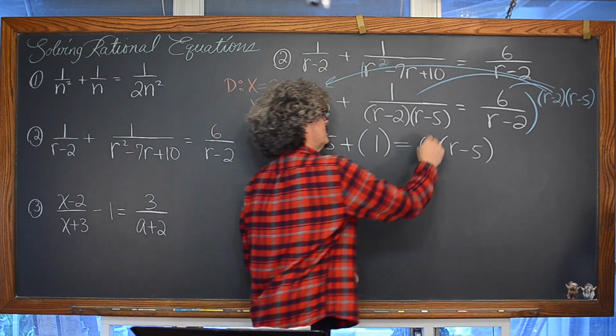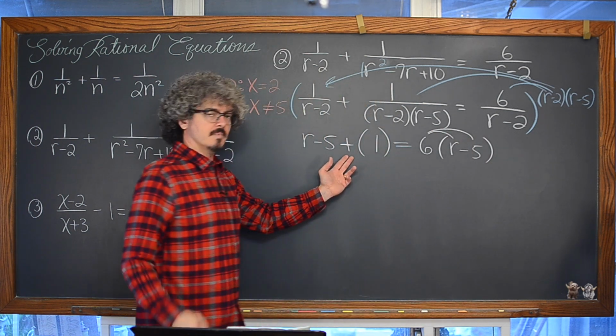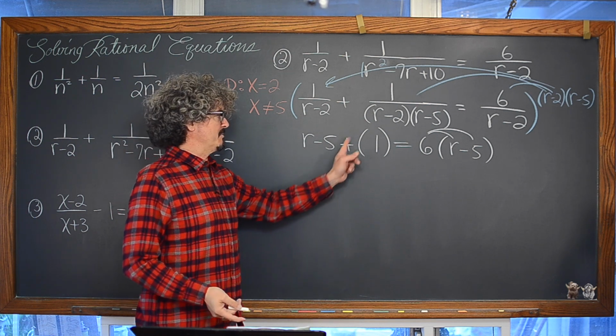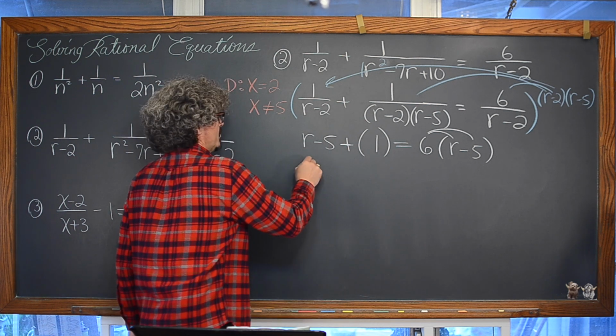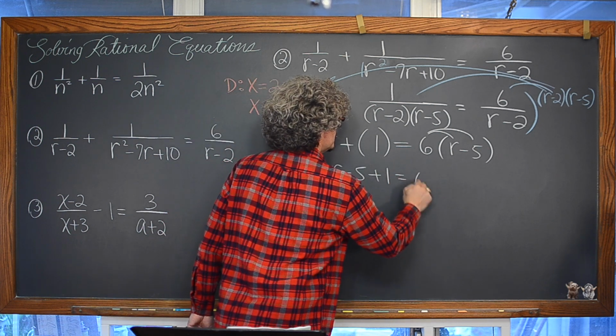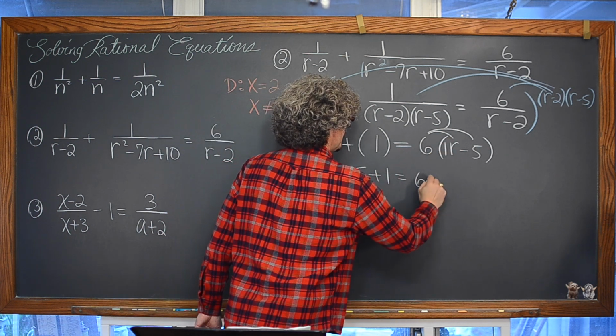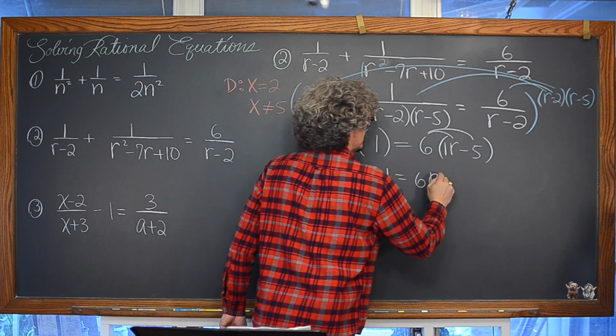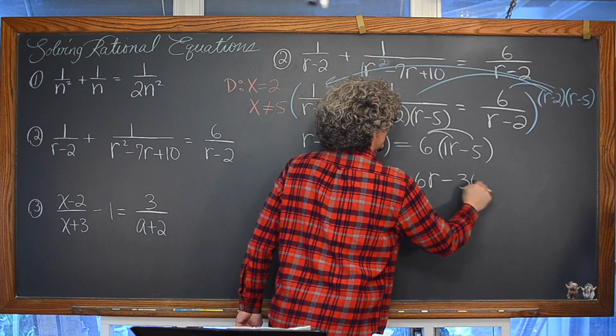So we're going to go ahead and distribute this 6. If this were a number here or a negative, I would be multiplying that through the parentheses, but we have now r minus 5 plus 1 is equal to 6 times 1r is 6r, and 6 times negative 5, well, that's equal to negative 30.